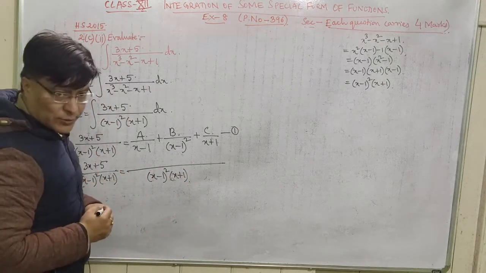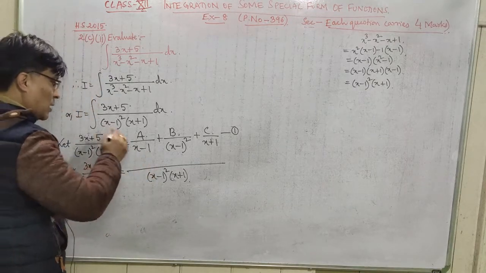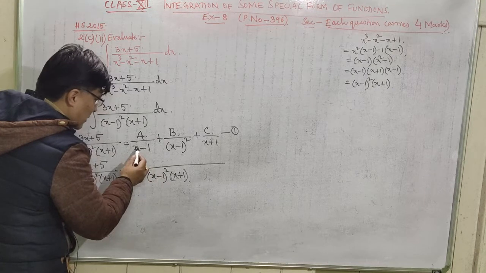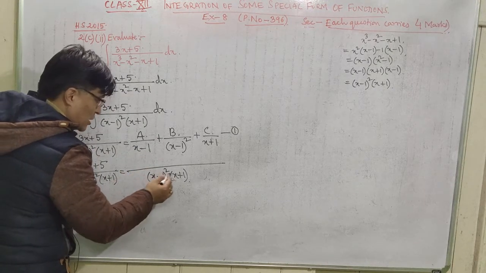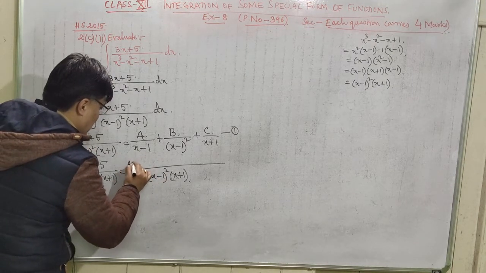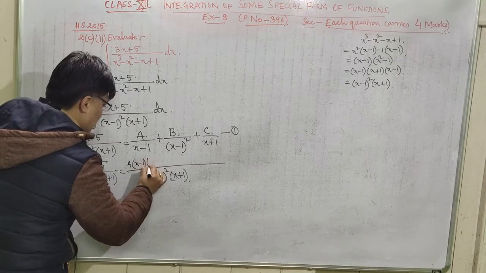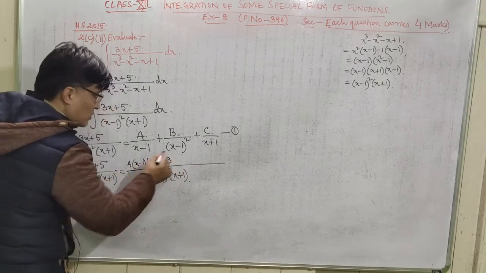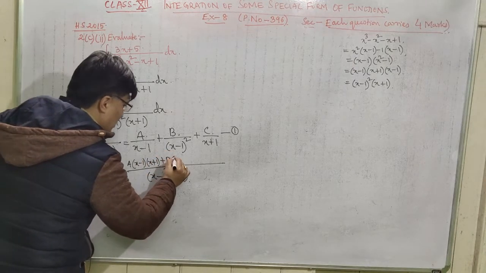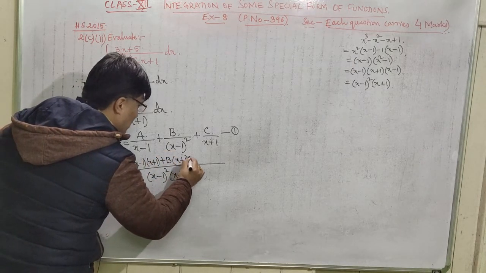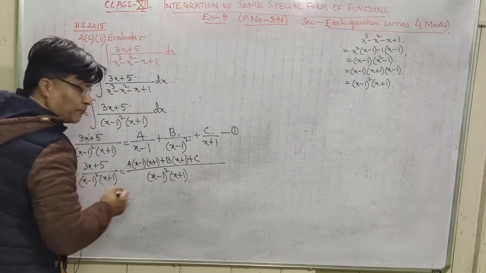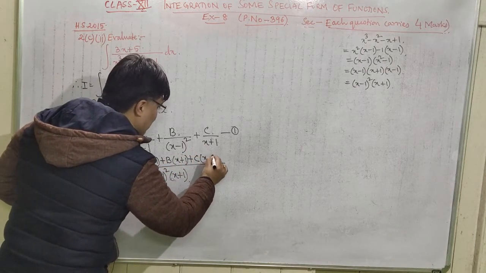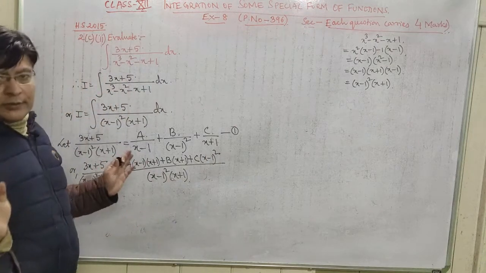So now the numerator becomes: x minus 1 whole square is divided by x minus 1 to get x minus 1, so it is x minus 1 into x plus 1. A into x minus 1 into x plus 1, plus b into, now here x minus 1 whole square will be cancelled, we will get only x plus 1, plus c into, here also x plus 1 will cancel, you will get x minus 1 whole square.